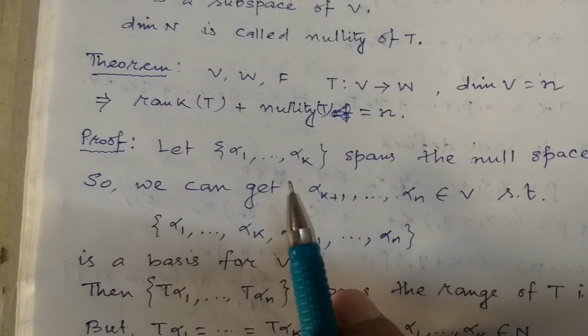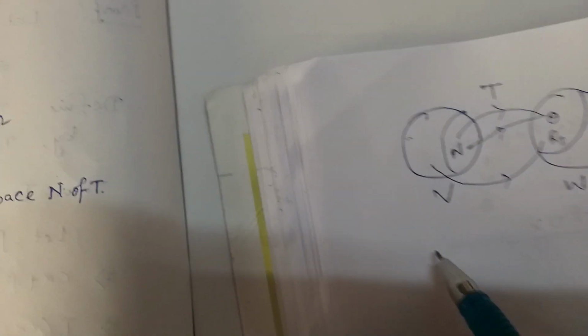So what is alpha 1, alpha 2, ..., alpha k?